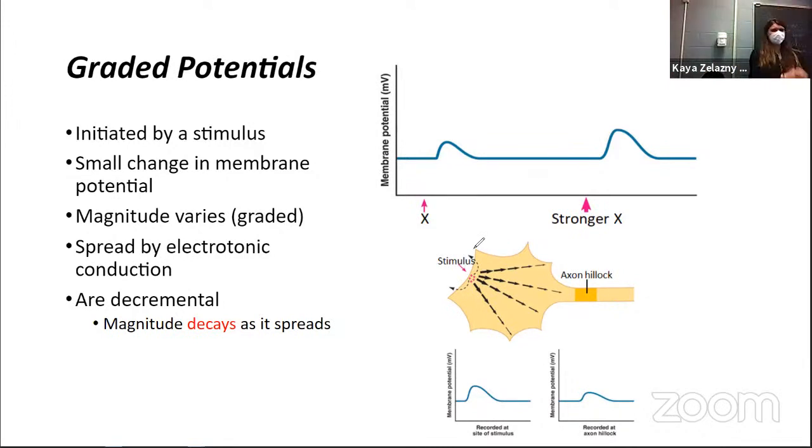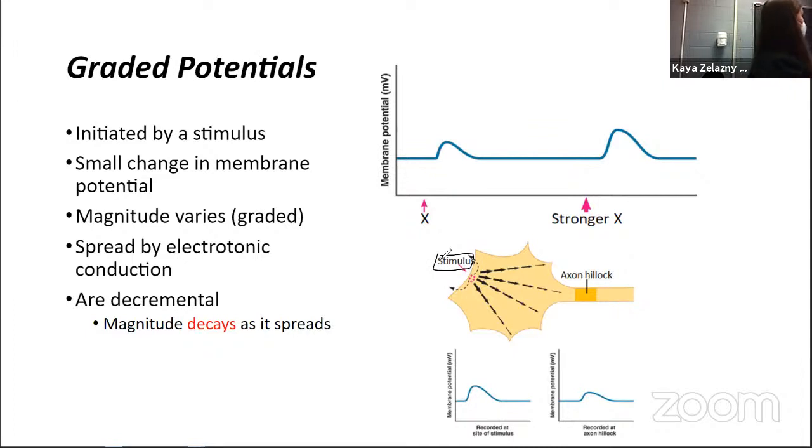So what's going to happen when a stimulus comes in to our neuron? A stimulus, depending on what we're talking about, could be something like you touch something, a temperature, or another neuron firing and sending a neurotransmitter. So a stimulus is just something that happens near this cell.